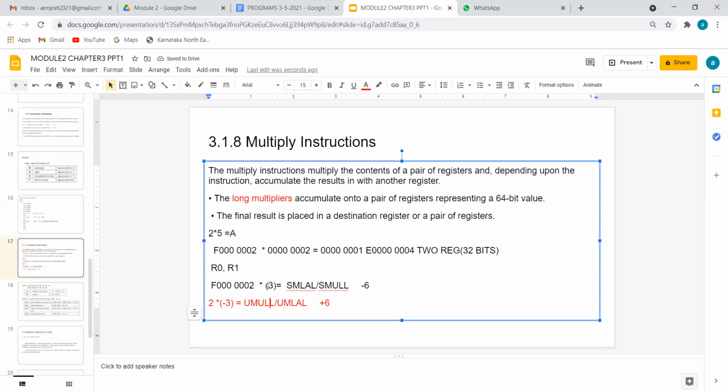Here I will write F00002, which you can imagine as 000, then 4 zeros, then 002, which I wanted to make minus.